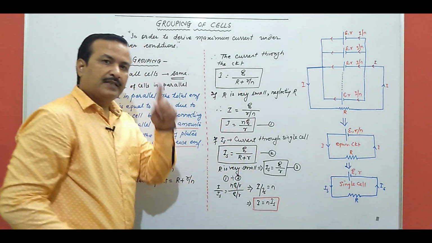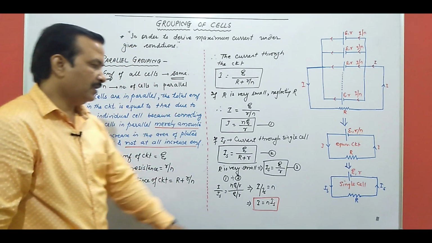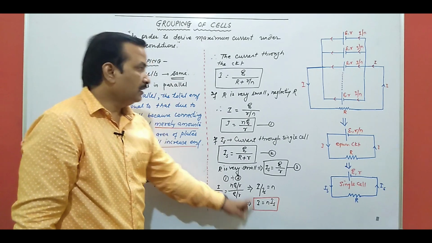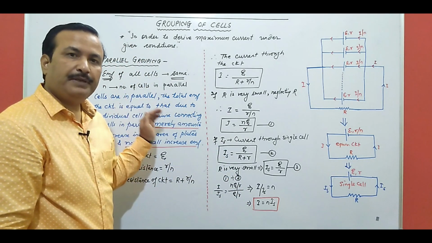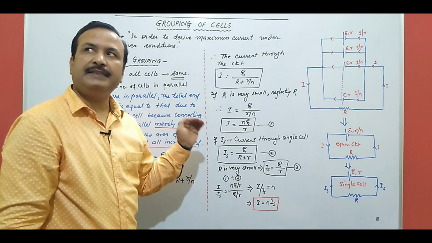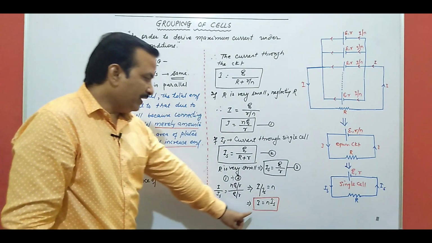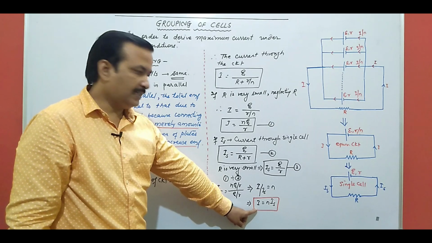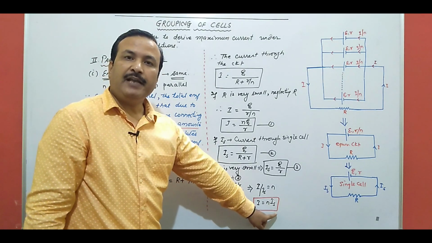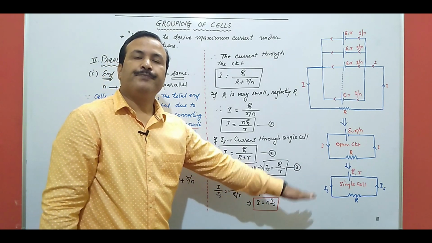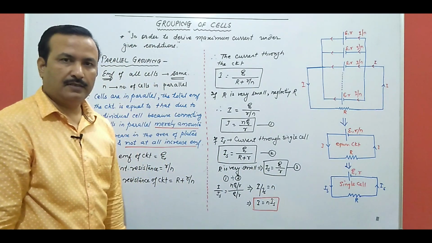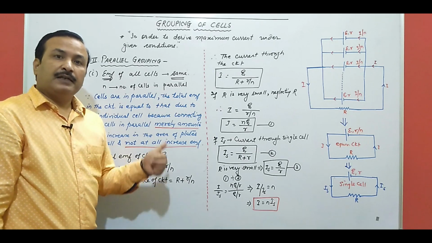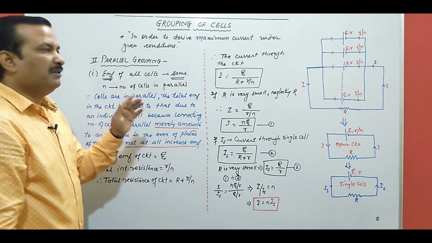Compare this with the series combination, we are getting the same result. That is, this is the maximum current in this parallel combination when EMF of all the cells is same. So we can say the total current of the circuit is equal to N times the current flowing through each cell, right? So this finishes with the parallel grouping in the case when EMF is same.